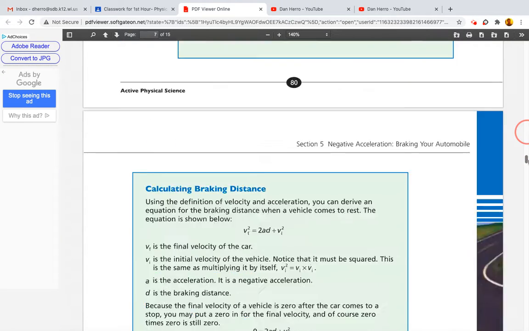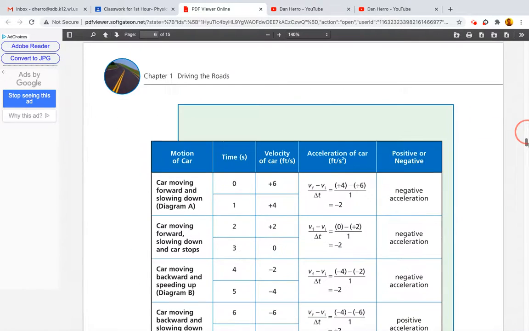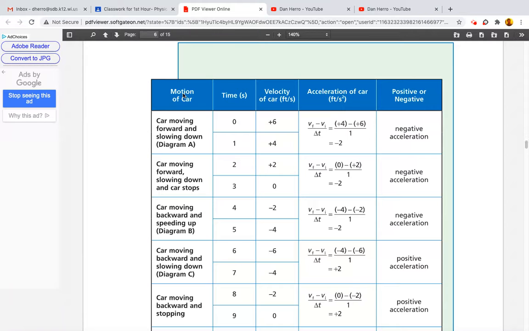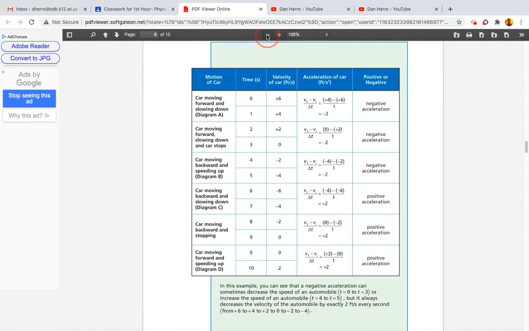All right, so this is the motion of your car. Let me zoom out because I want to look at the diagrams at the same time.